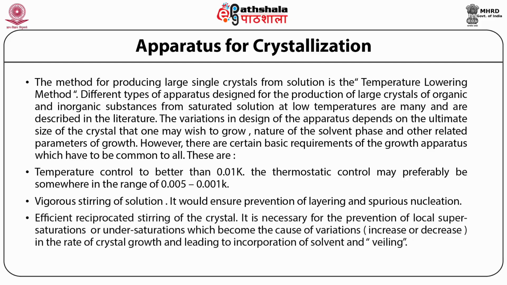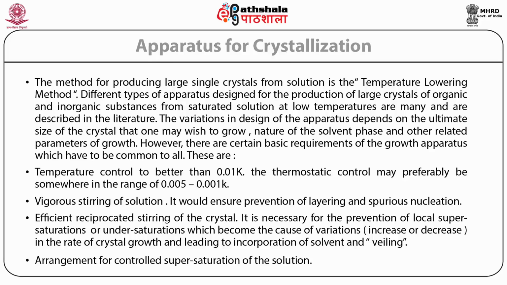Then efficient reciprocated stirring of the crystal is necessary for the prevention of local supersaturations or undersaturations, which cause variations, that is increase or decrease in the rate of crystal growth, leading to incorporation of solvent and wheeling. Then arrangement for controlled supersaturation of the solution.